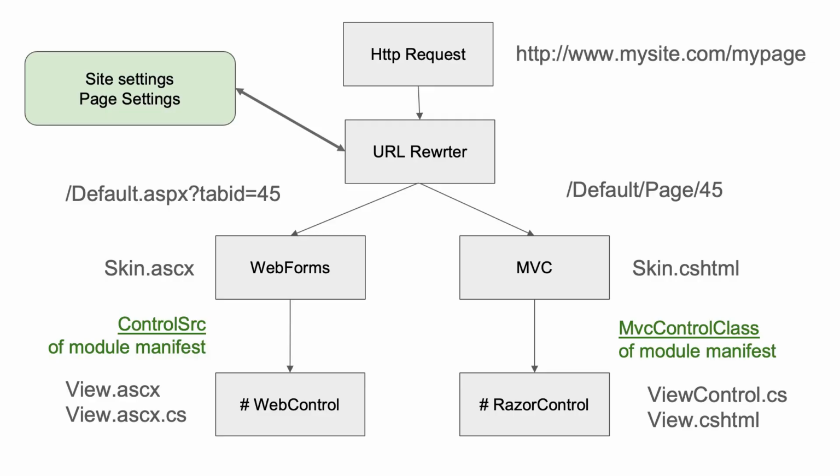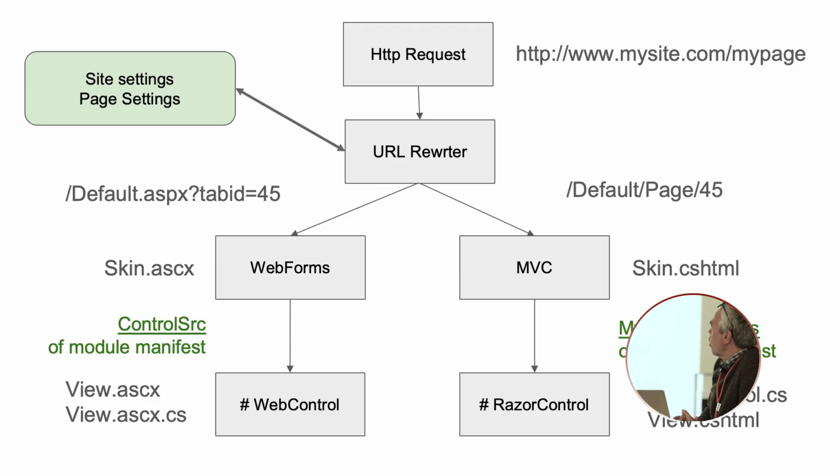So if we go a little bit more into details to know how it works, if we have a URL for a specific page on the portal, the request comes in, and the first step is that we go to the URL rewriter of DNN. The URL rewriter is adapted for the pipeline.